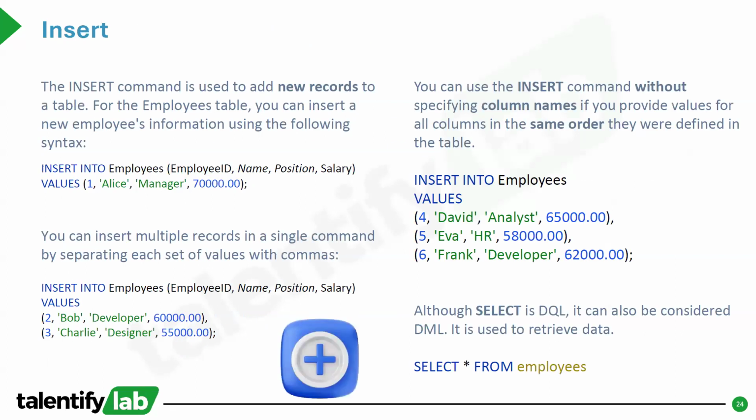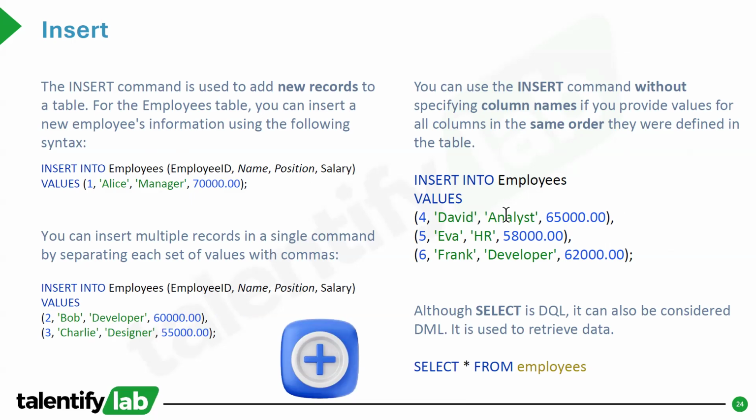Just like we did here, I will insert into employees this value. The ID will be 1, name will be Alice, position will be manager, and salary will be 70,000. You can insert multiple rows in this way. You can also insert without declaring the column names, and the values will be inserted in the column order.